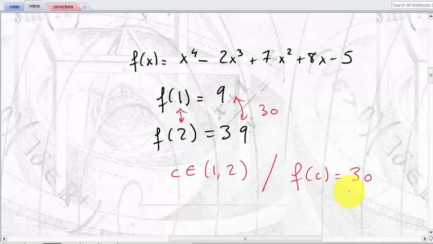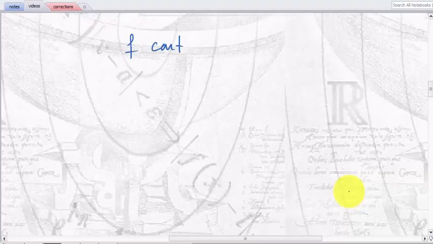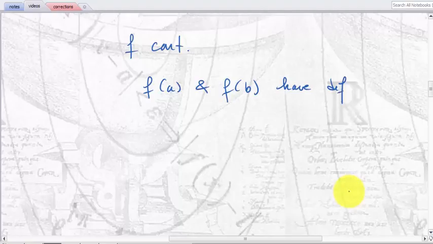Let's go to a corollary of the intermediate value theorem that is as important as the theorem itself. Okay, so here's a corollary. What does it say? It says if f is a continuous function, and if f of a and f of b have different signs, that can happen in two ways, right?